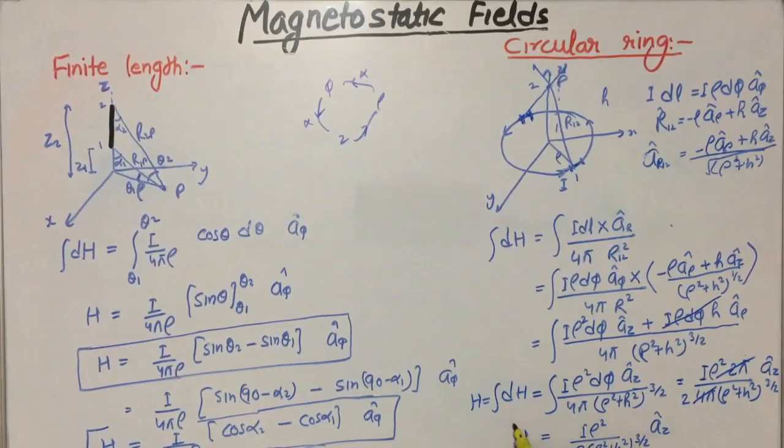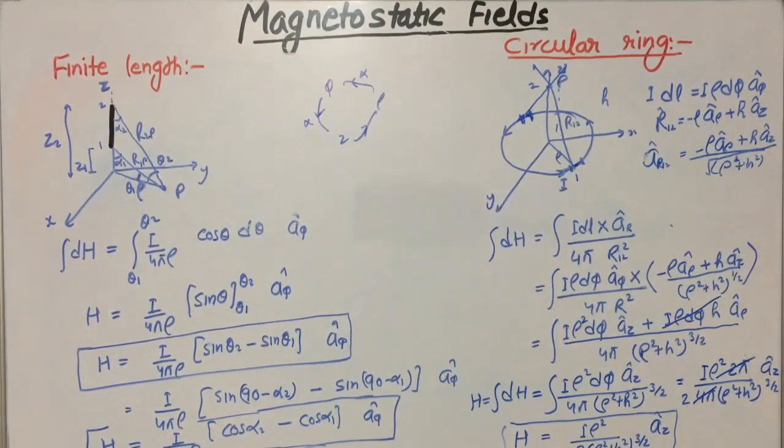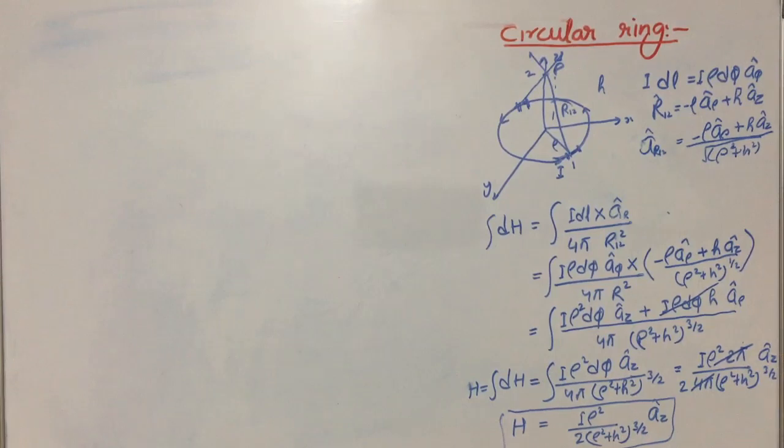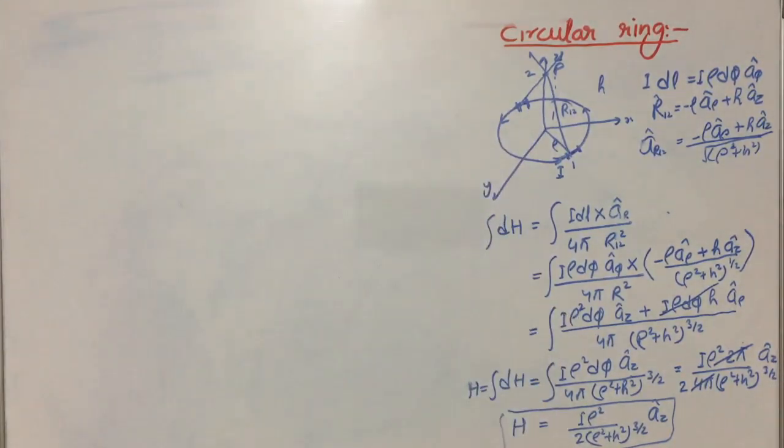This is the total magnetic field intensity at this point due to the circular ring. Now consider the case when h tends to 0. It means the point of interest lies at the center.